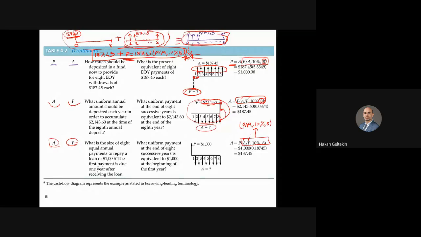P given A and A given P are two different things. So you need to be careful, because after writing this factor, you will go back to your book and look at those factor tables, and you will find this P given A value is totally different than A given P. Actually, it is one over the other. Okay?